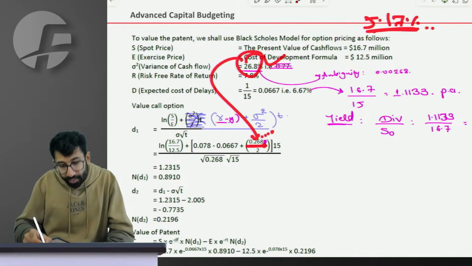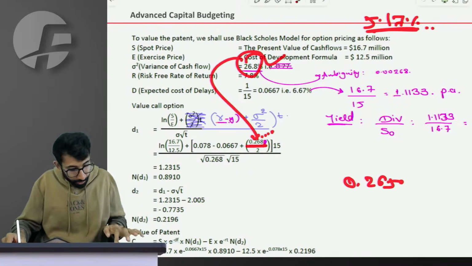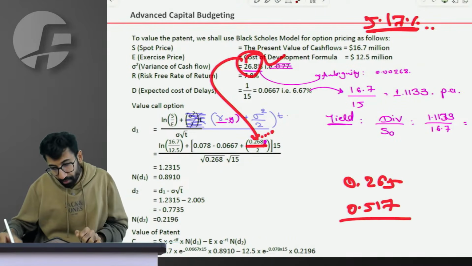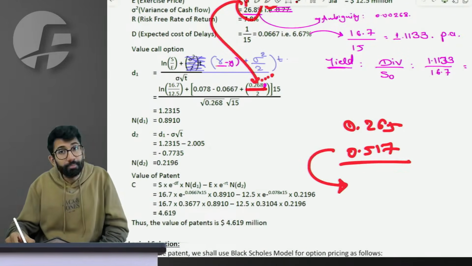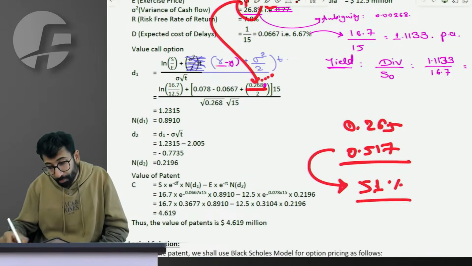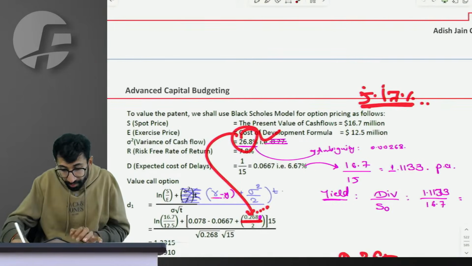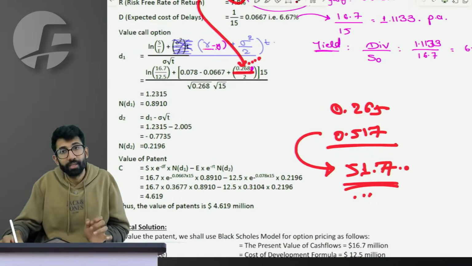Now 0.268, when you consider it as variance, the under root of it is 0.517, correct? When you convert it to percentage terms, it turns out to be 51% unfortunately as SD. Whereas in the actual world, SD is 5.17, not 51.7. Are you realizing?